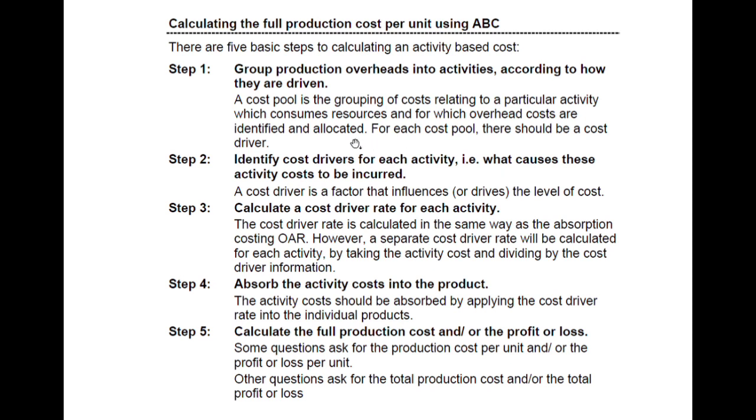How do we calculate ABC? The first step is to group the production overheads into activities according to how they are driven. Before explaining this, I would say that in a case study question, you wouldn't actually have to calculate a cost driver rate or allocate the production cost to the products, but you should know how to calculate it, and the interpretation of the cost driver rate, because that is what the examiner wants you to do.